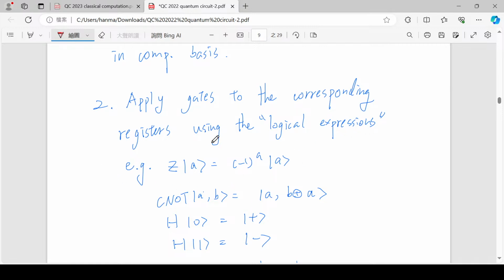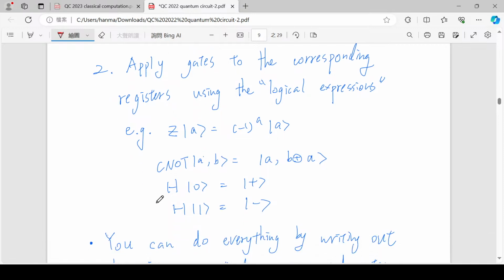We want to see what each computational basis state becomes, and we have some nice shorthand here. We know Z on whatever state is going to be (-1) to the A and A, and C naught AB, as we know, will be A and B plus A, so it will add A, the control qubit, to the target qubit.